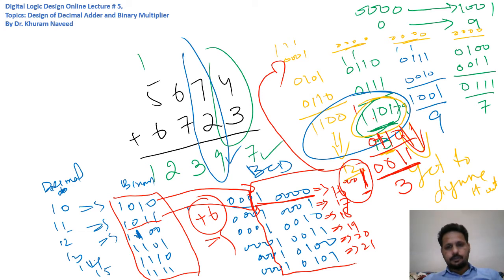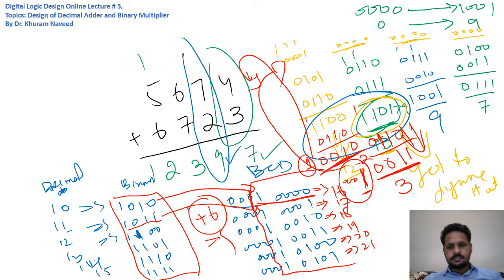And similarly, we can do the same thing here. We can add a 6 here, and here we will see 0 1 0 and a 0 and a 1. So this one is the carry, and it goes to the next addition, and since there is no next addition, this is the BCD of 2.